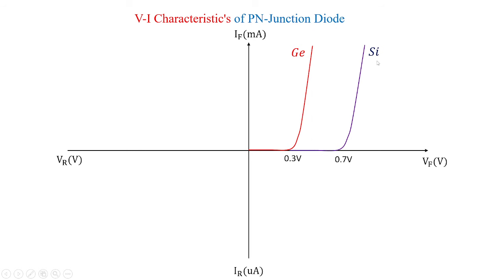The knee voltage is 0.7 volts, whereas in the reverse conditions, you can see there is no sudden change in current at the initial stage, whereas at the later stage there is a drastic change in the current. All these things happen because of the resistive nature of the diode.